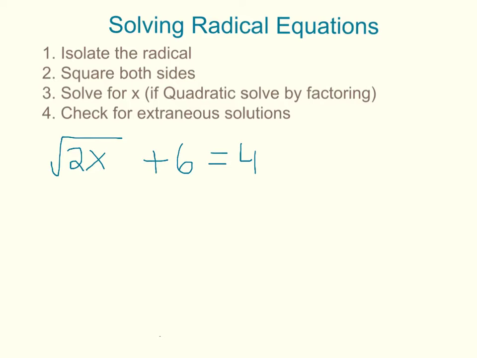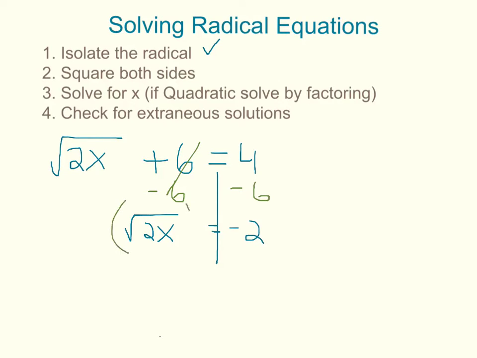Okay, next example, the square root of 2x plus 6 equals 4. Step 1, we have to isolate the radical, so that plus 6 needs to be moved to the other side. So let's subtract 6 and subtract 6, which leaves us with the square root of 2x equals negative 2.